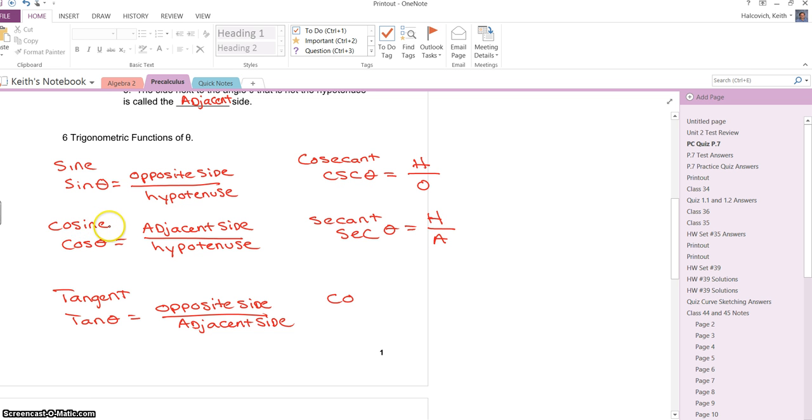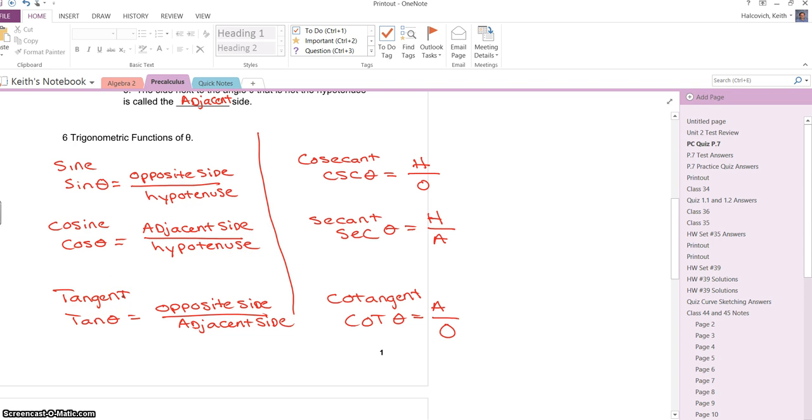And then there's the cotangent, which is adjacent over opposite. So those are the six trig functions that you would find of an angle in a right triangle.